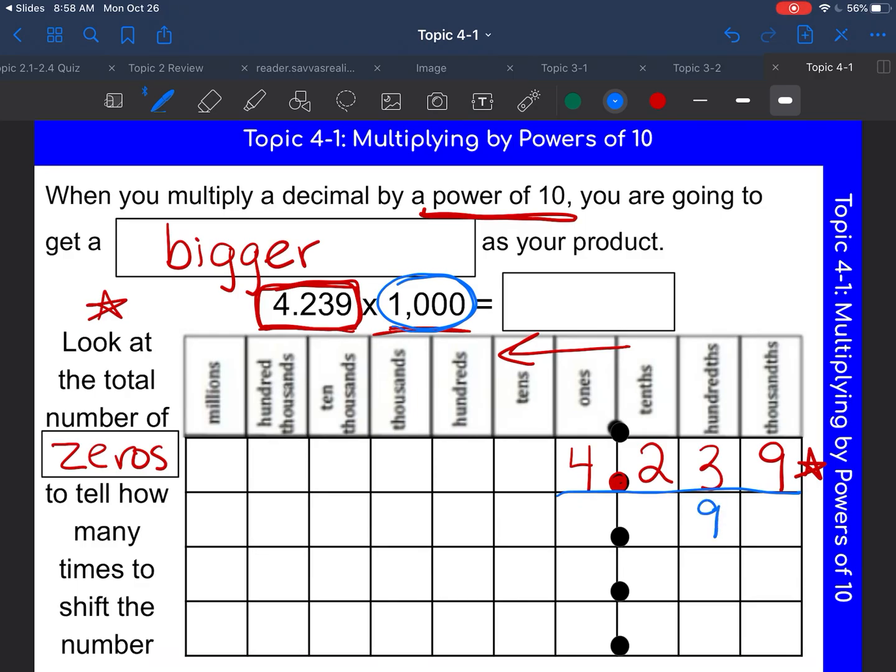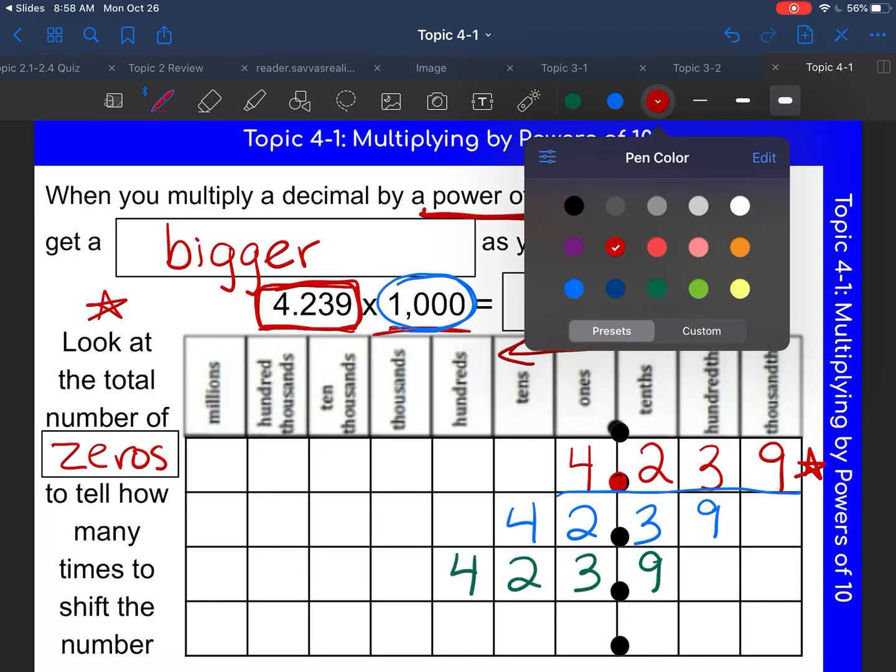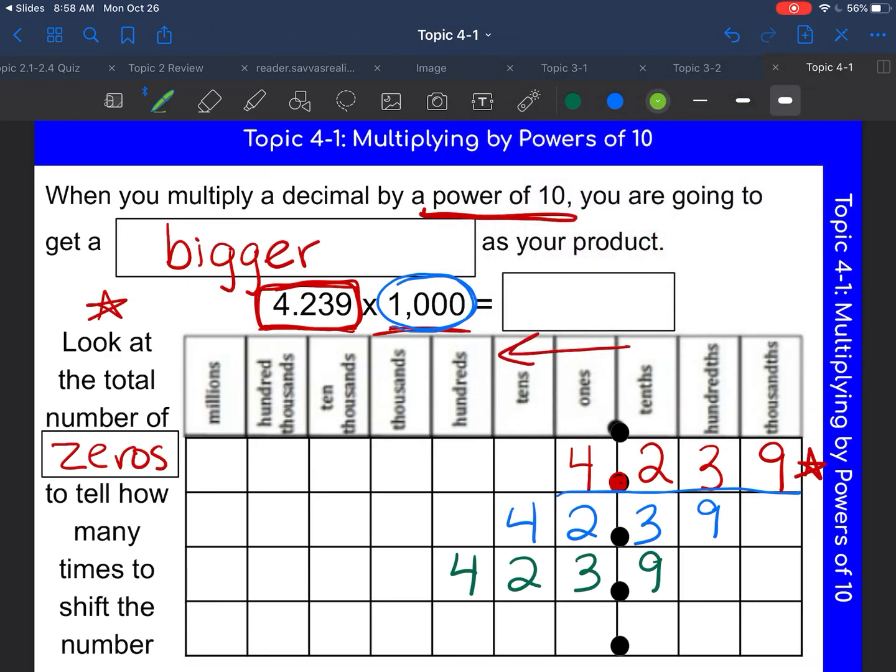My first shift will be shifting all of the numbers one place value over. My second shift will be doing the same thing, shifting the whole thing over. And for my third shift, I'll pick a different color. Let's do green. So I shifted it once, twice, 3 times, because there are 3 zeros.